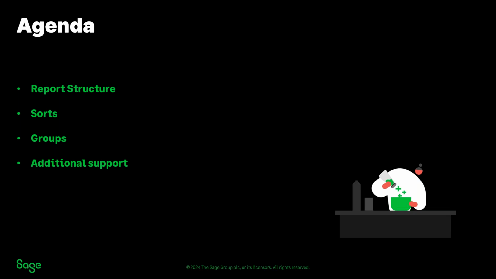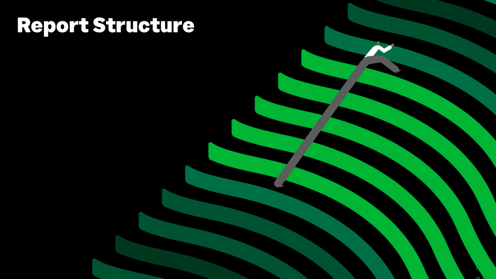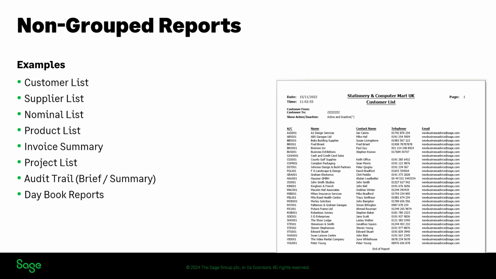But let's get started with report structures. So we're going to start by looking at how some of the standard reports are structured. And if you can identify certain elements on a report, it will make it easier for you to make amendments. And we want you to try and feel comfortable in understanding which sections appear on your report and why.